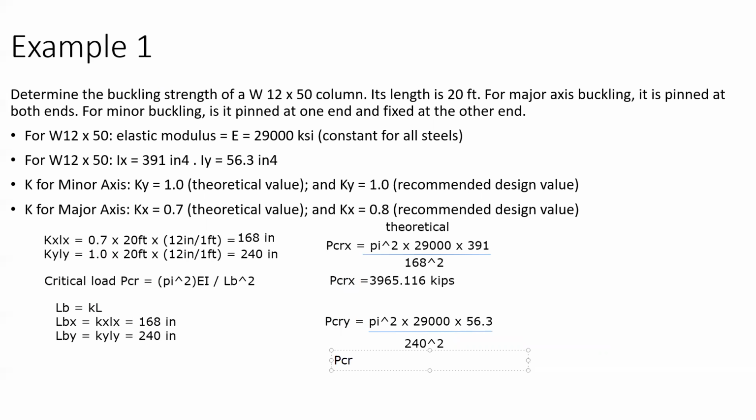So our critical over Y is equal to ilan? 279.759 kips. Okay, so this is the theoretical values na pwedeng kayanin.